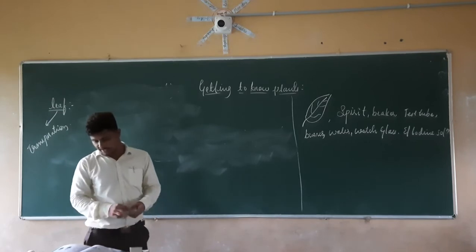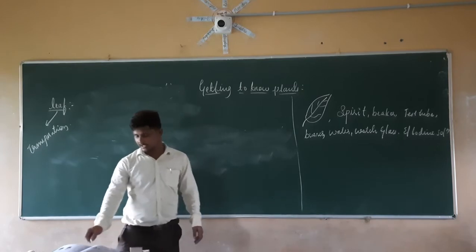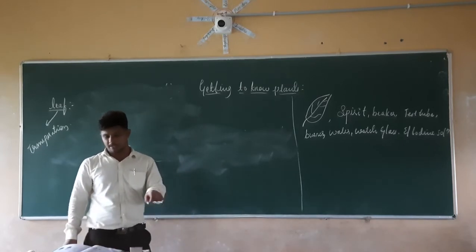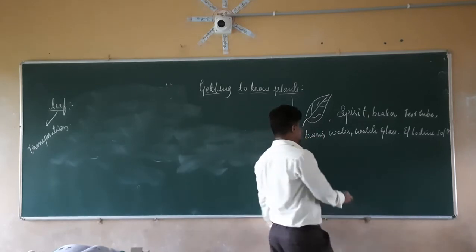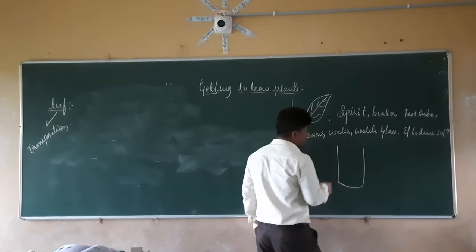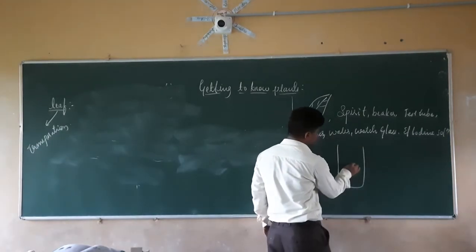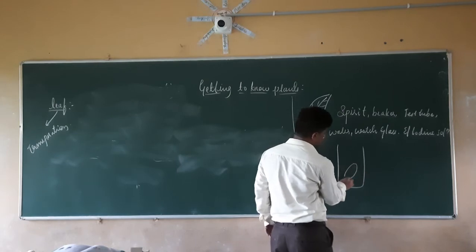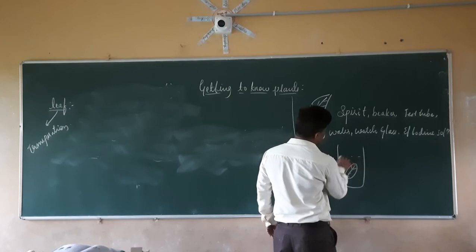We are going to take the leaf in a test tube and pour spirit in it, completely immersing the leaf. So we are going to take a test tube here. In that test tube we are going to add this leaf, and then add spirit.